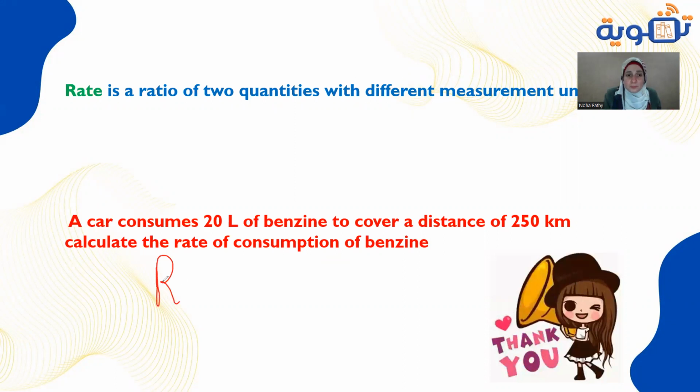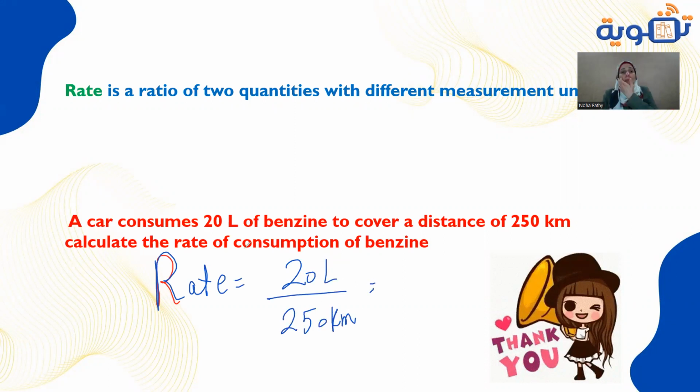The rate equals 20 liters over 250 kilometers. Divide the first quantity over the second quantity, and the unit is the first quantity per each unit of the second quantity, equals 0.08 liter per kilometer. This means every 1 kilometer, this car consumes 0.08 liter.